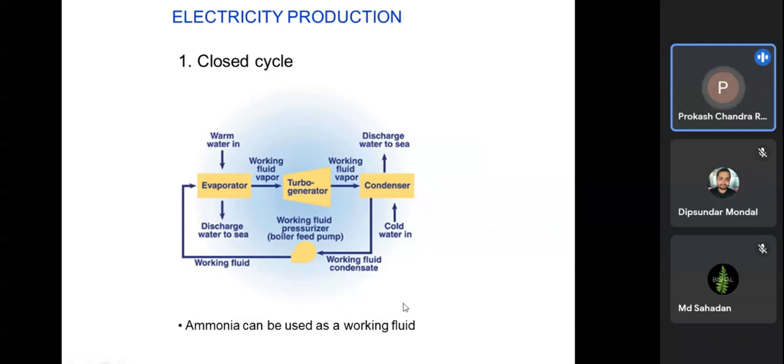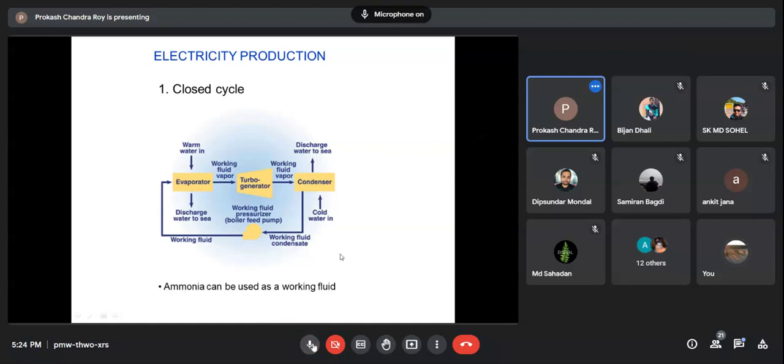The liquid condensate of the ammonia is then pumped using a boiler feed pump, and the cycle repeats. Continually it does the operation and you get the power. So you got the idea of how it works. This is the turbo generator that runs based on this closed cycle.